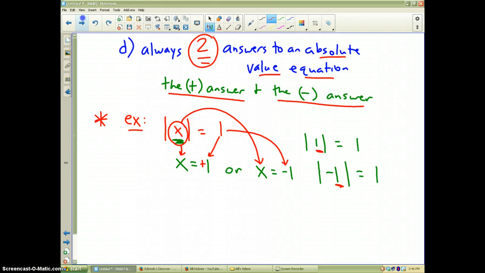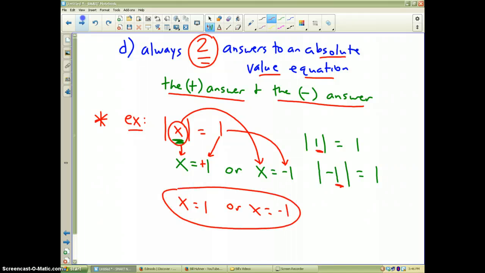So I have x is equal to 1, which is the positive answer to the problem, or x is equal to negative 1, which would represent the negative answer. And that is how you would solve absolute value equations, because you need to write two statements. This one and this one. Now, if you need to pause the video, please do, but otherwise I'm going to skip ahead.